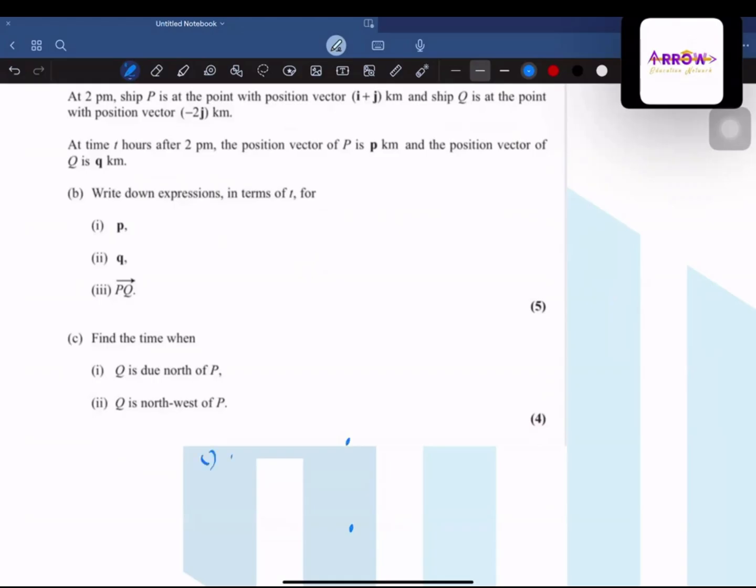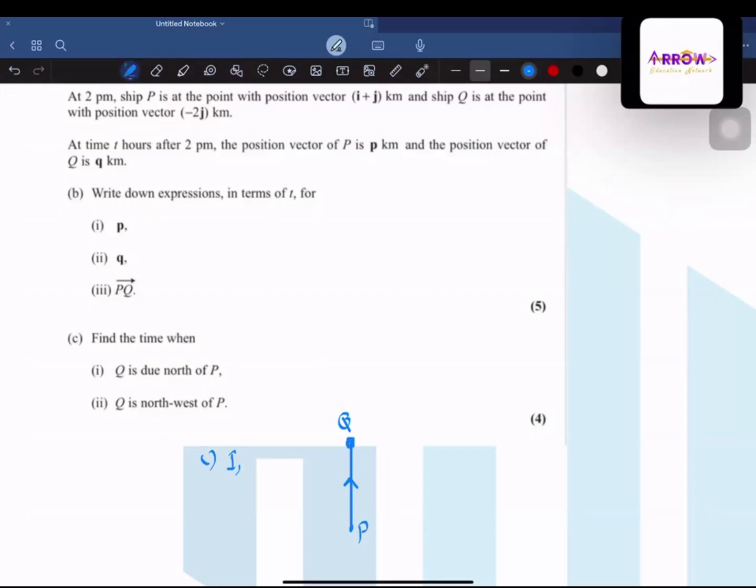So in part C, part 1, ship Q is due north of P, meaning ship Q is vertically upwards from point P. Because at point P, if we make a north, Q will be vertically upwards. So I'm going to make a vertical line over here. This is basically the vector PQ which we have found, and Q is due north of P.